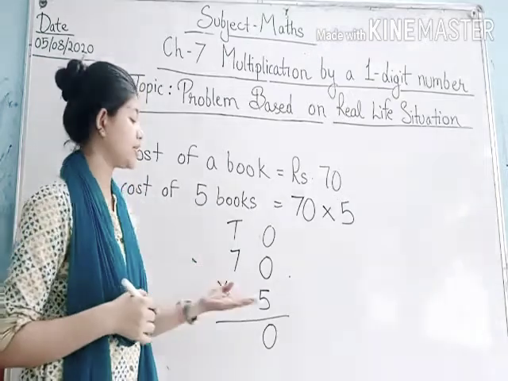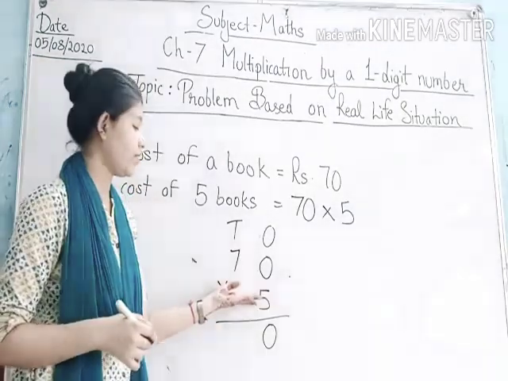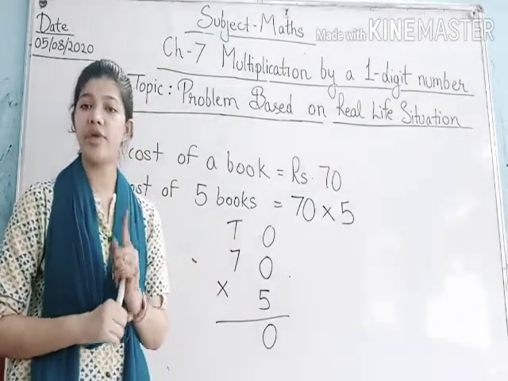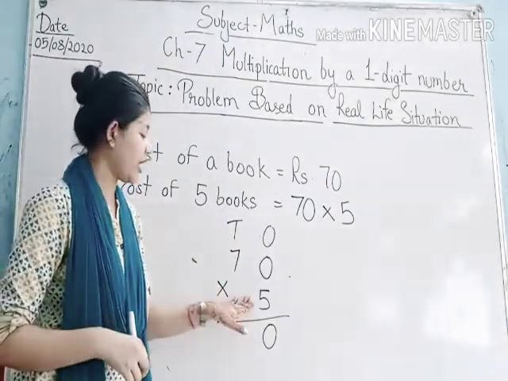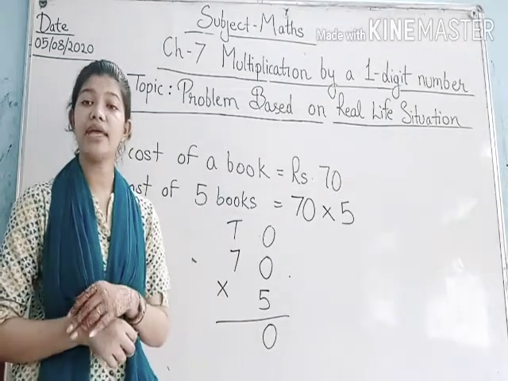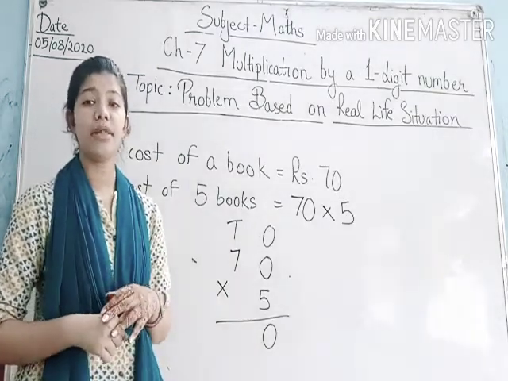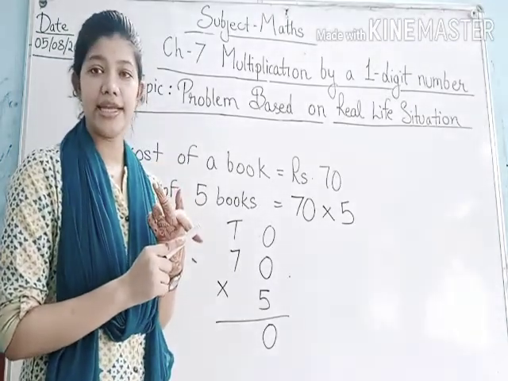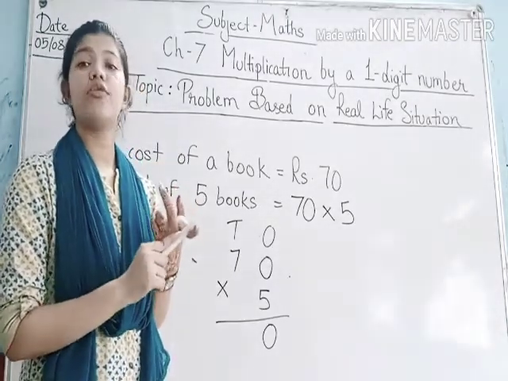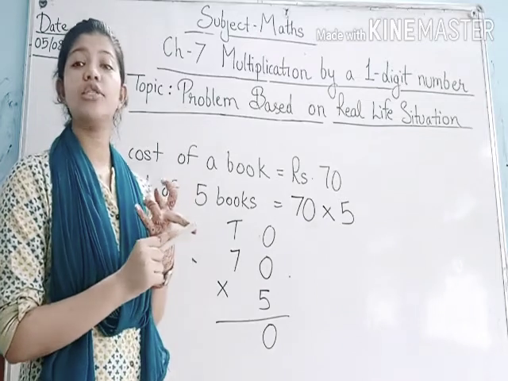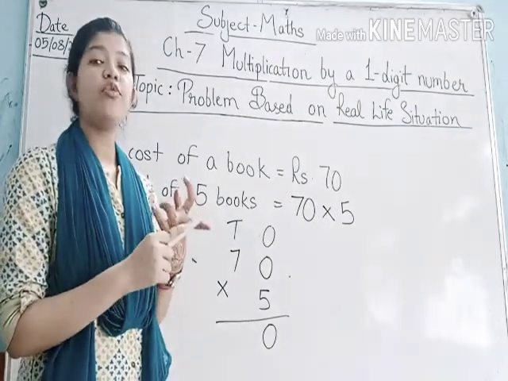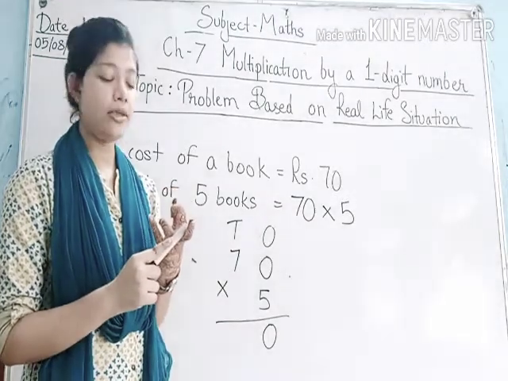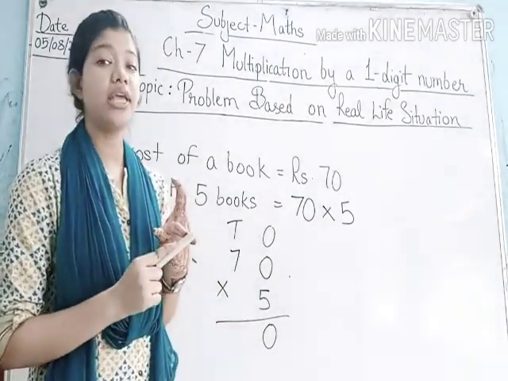Now what is the next step? Our next step is to multiply the second factor with the tens digit of the first factor. So 5 sevens are, let's read the table. 5 ones are 5, 5 twos are 10, 5 threes are 15, 5 fours are 20, 5 fives are 25, 5 sixes are 30, 5 sevens are 35.